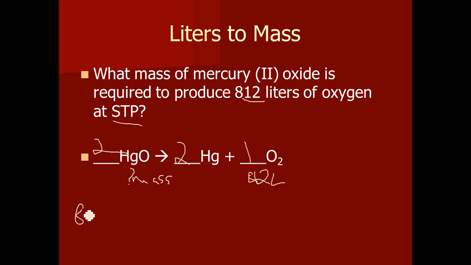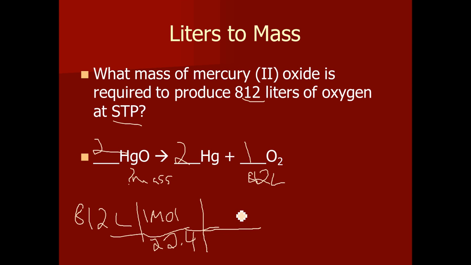And we're going to set it up. So we have 812 liters. And we're going to put 1 mole over 22.4. And then we do our mole to mole ratio. We're going to put 2 moles on the top, 1 mole on the bottom.